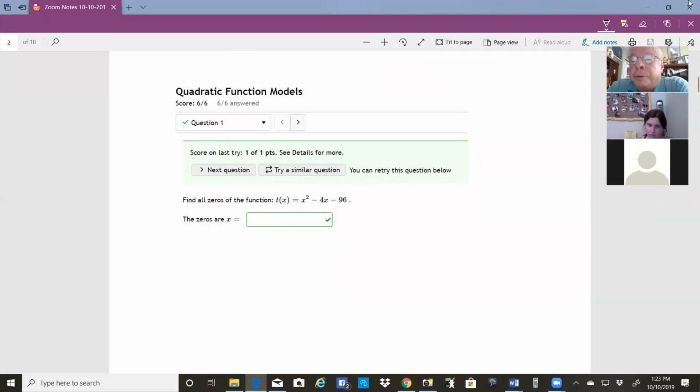Find all the zeros of this function. How would you do this? Some of you already done your homework. How did you do this one or one like it?